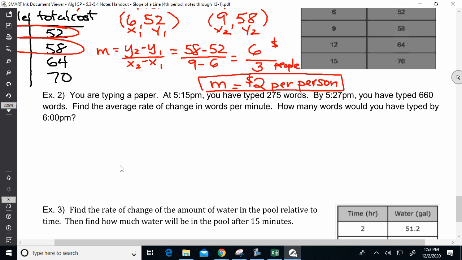All right, so you're typing a paper. So at 5:15, you typed 275 words. At 5:27, you typed 660 words.